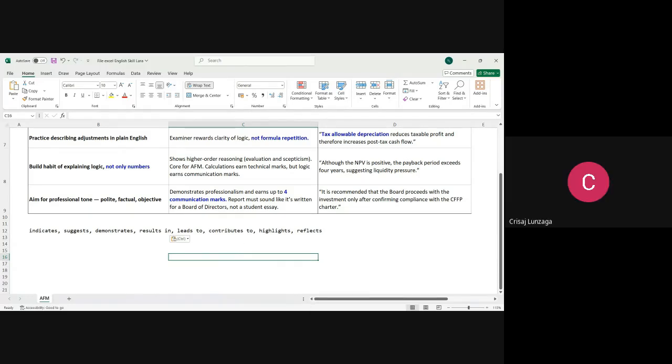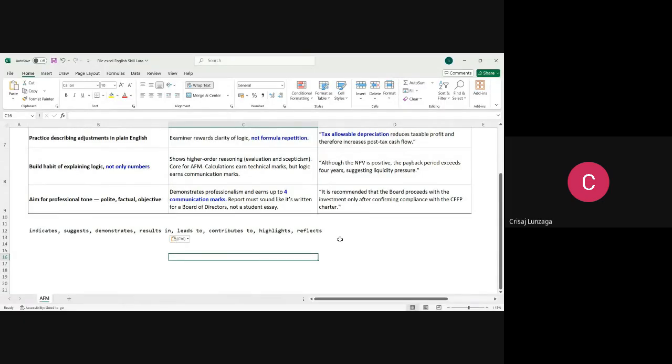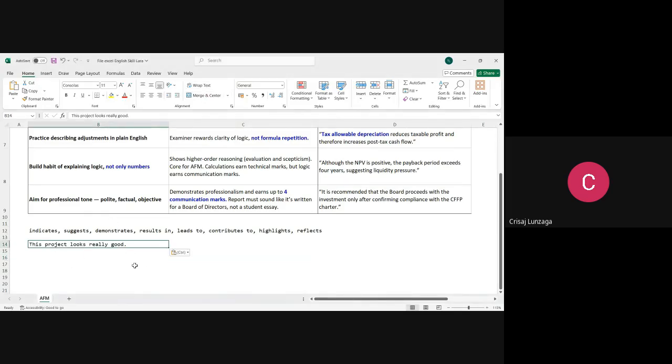And for the last part, I think we can have a short practice. You have to apply all these skills to explain a financial context, perhaps. For example, I have here this sentence: this project looks really good.